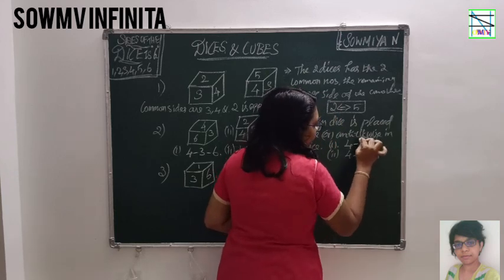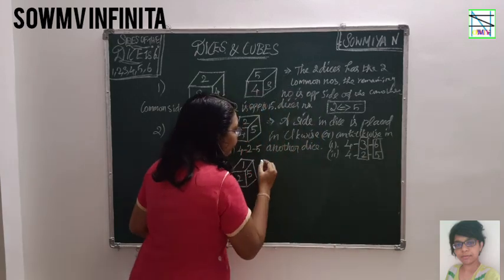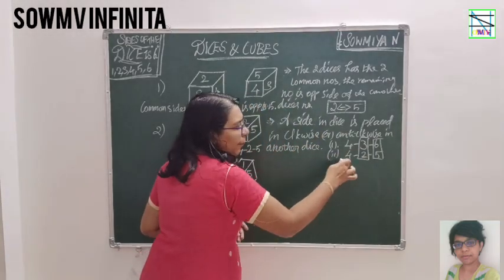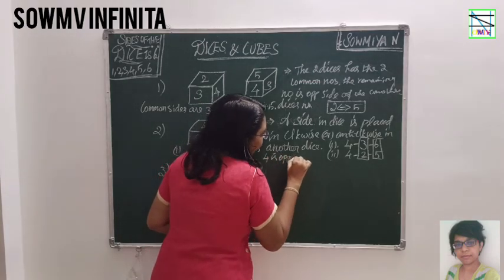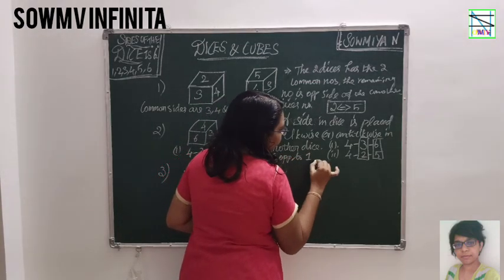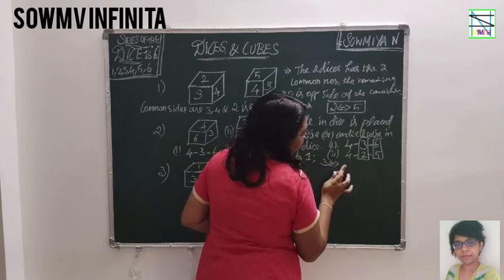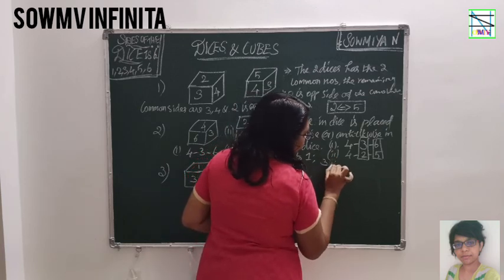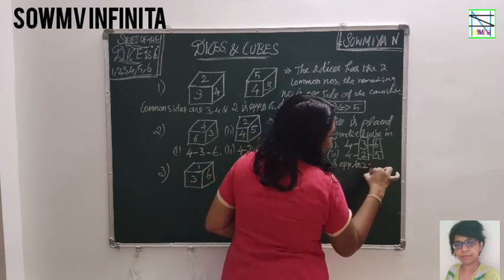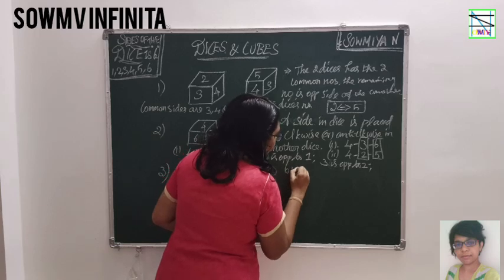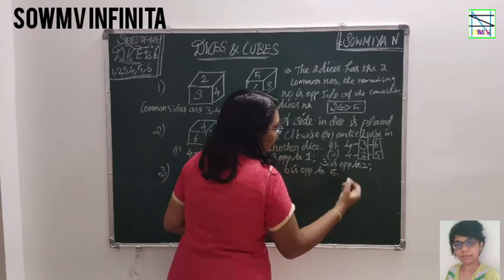It means 3 is opposite to 2, 6 is opposite to 5, and 4 is opposite to 1. Here 4 is opposite to 1, 3 is opposite to 2, and 6 is opposite to 5.